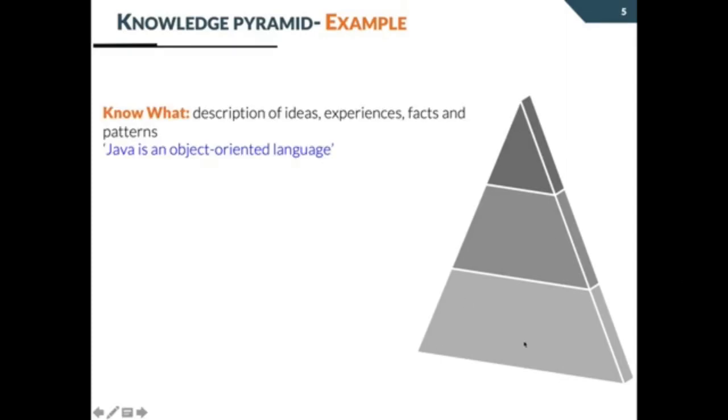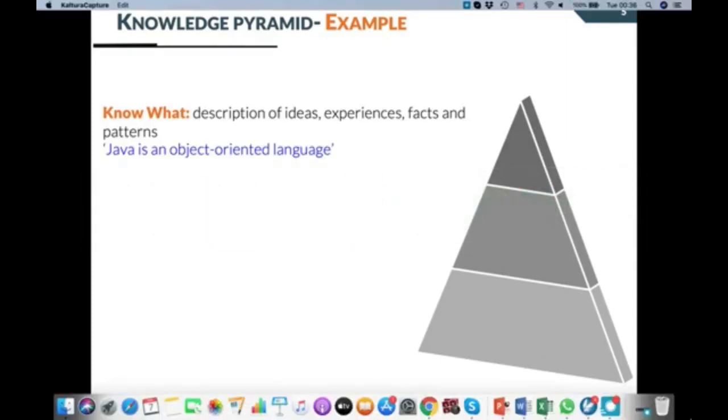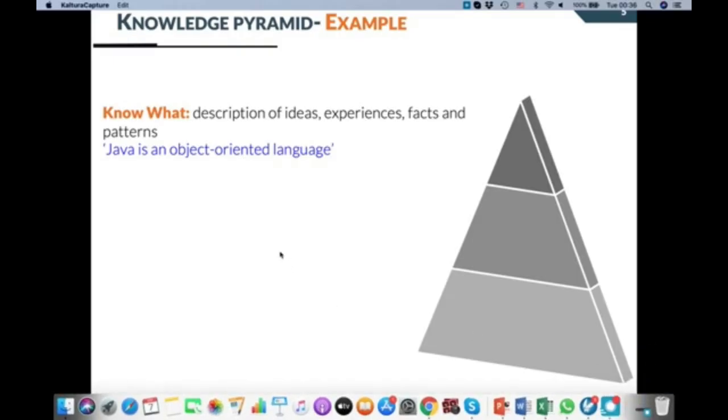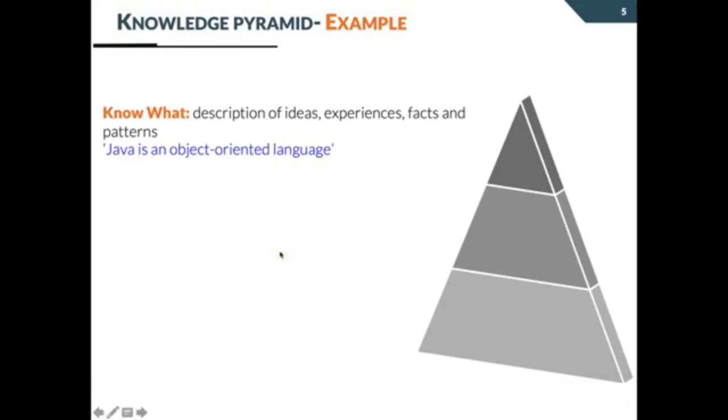This distinction is based on a sort of pyramid of organizational knowledge. At the top, we are discussing the knowledge that is called know what. Basically, it's all about the description of the ideas, the experiences, the facts, and the things that are actually happening at the time that you are working with the facts and the patterns.